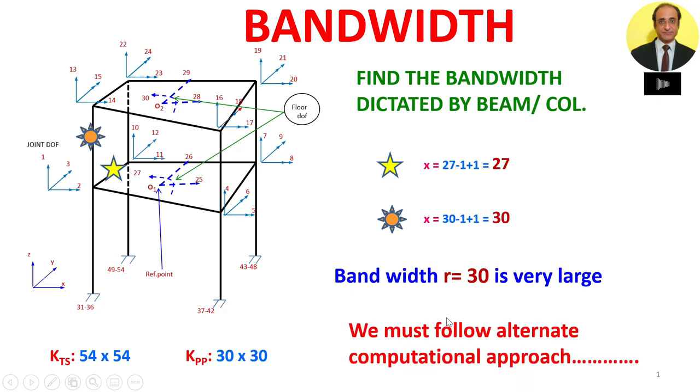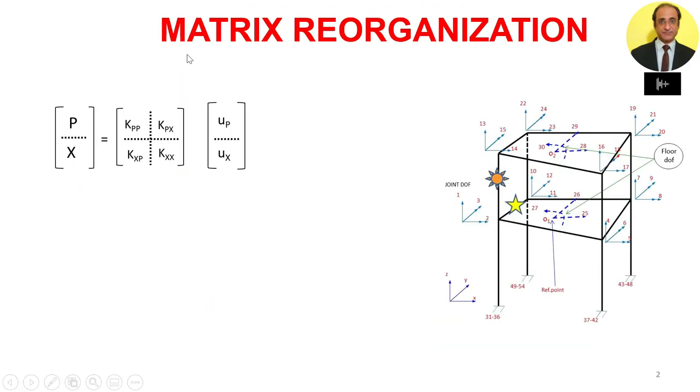So let us try to revise our computational procedure so that we can get some kind of advantage as far as the bandwidth is concerned. Let us look into how this can be achieved. Now, in general, when we write the system of equations, we have the force and the reactions vector.